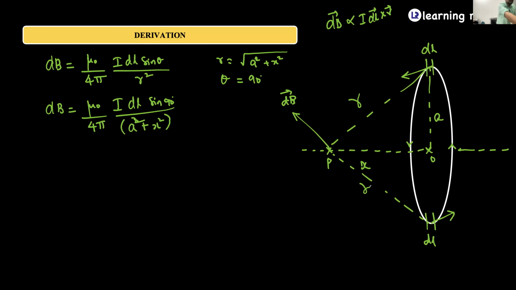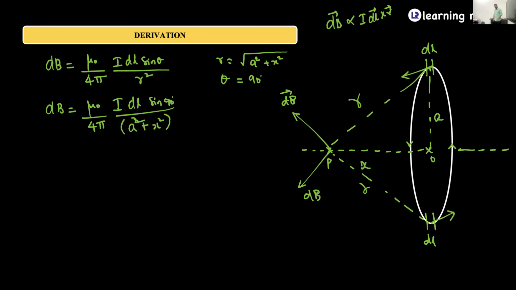And the point is considered somewhere over here. So this is dL vector, this is R vector, so dB vector should be perpendicular in this direction. This is how dB for the bottom dL is going to be present. So the top dB is due to the dL considered at the top, and the bottom dB is due to the dL considered at the bottom.